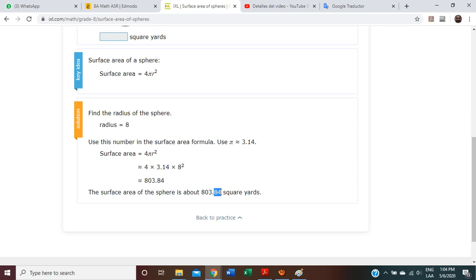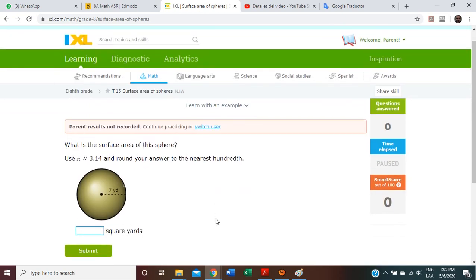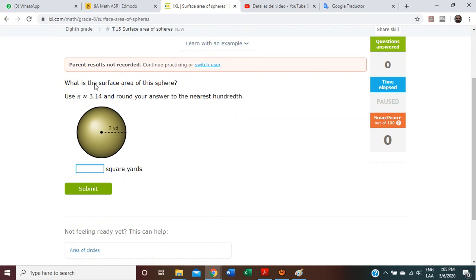Because it has only 2 digits, we don't need to round it. This is the final answer, but in case you get more digits after the decimal point, you need to round it. Remember, to round something doesn't mean just to erase. It means to decide whether this number remains a 4 or it goes up to the next number, which is 5.